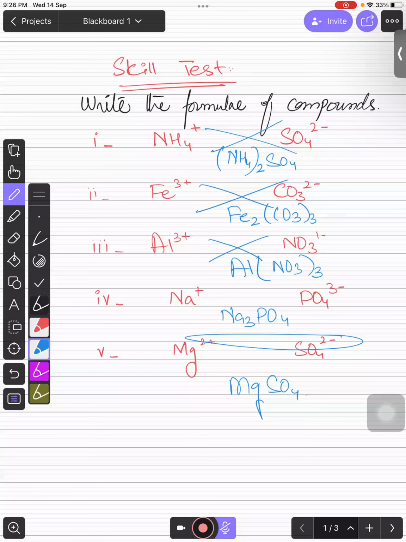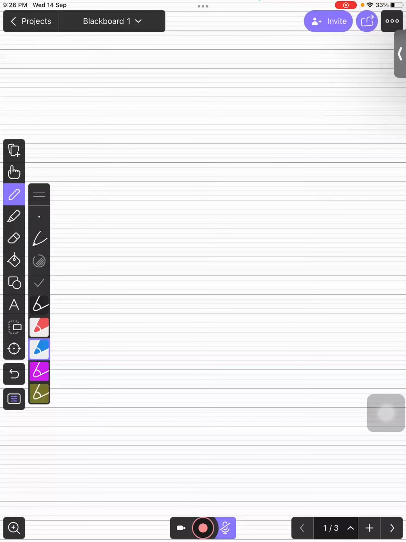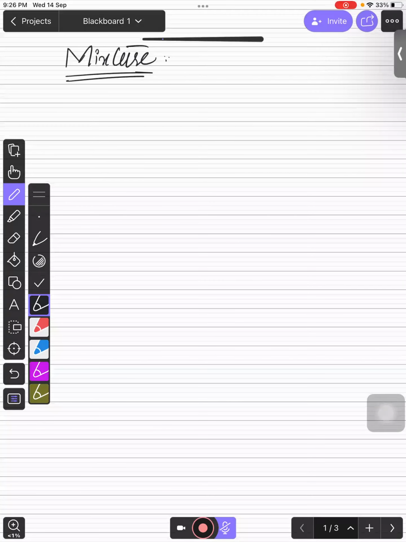Okay, then let's move towards mixtures. Now, what is a mixture, bachcho? A mixture is actually the physical combination of any 2 or more than 2 substances.